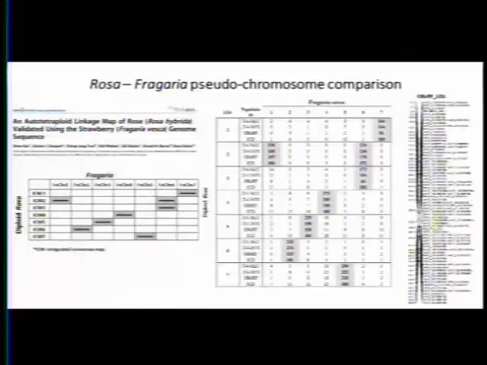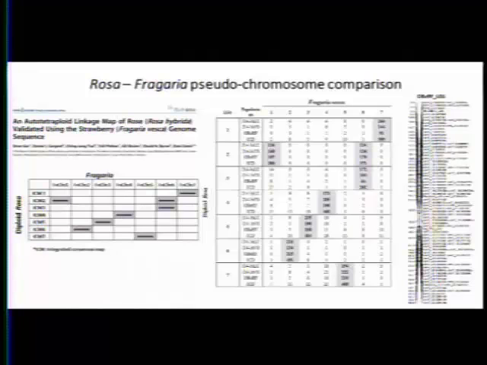Now, to refresh your memory a little bit, I told you that we used the strawberry as our reference genome. So all our SNP markers were called and named based on the physical position of the strawberry genome. When we grouped and mapped our SNP markers together with the SSR markers, if you look at linkage group 1 of the Old Blush by Fairy population, this is one SSR marker, and this is another one, and this is another one.